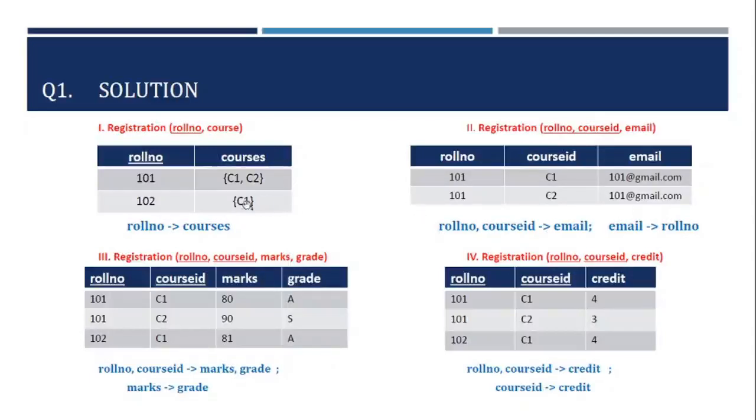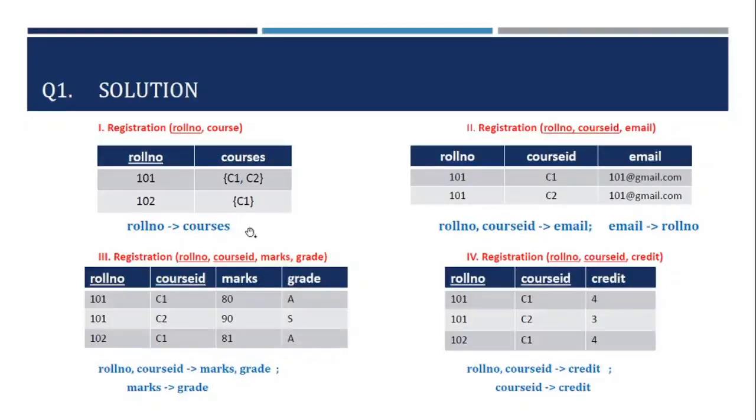So here the same example represented in schema 2: for 101 we will have course ID C1, and for C2 we will have another tuple stating 101 and C2, because the primary key for this schema is roll number and course ID. And it is the same roll number, so their emails are same because email depends on roll number.